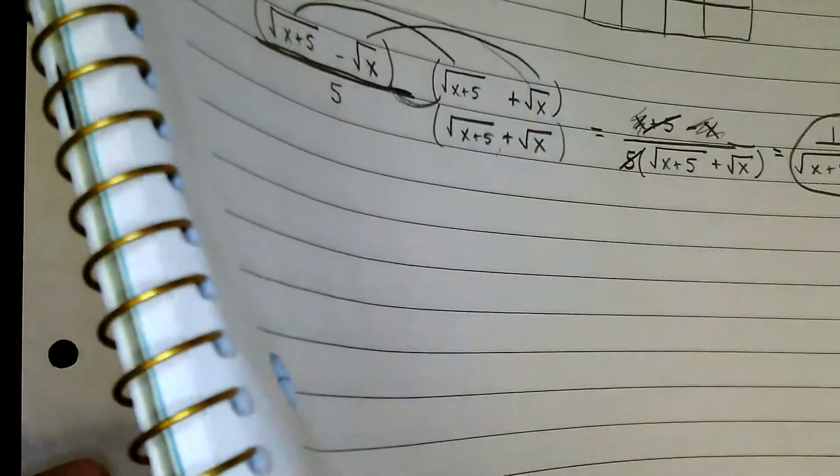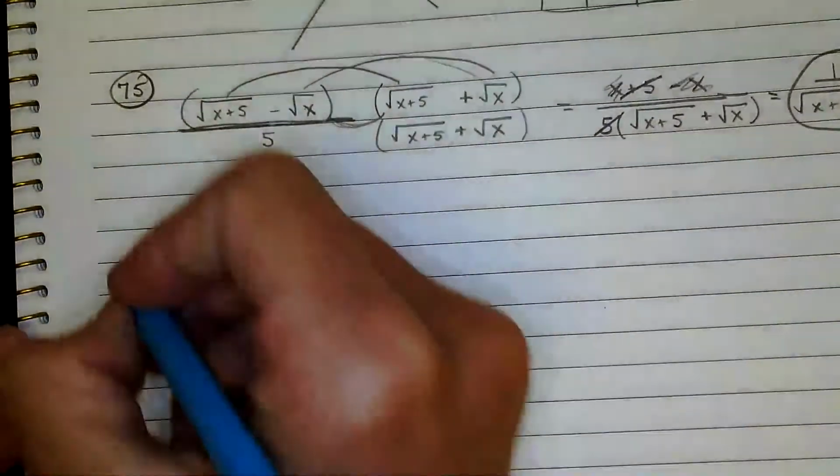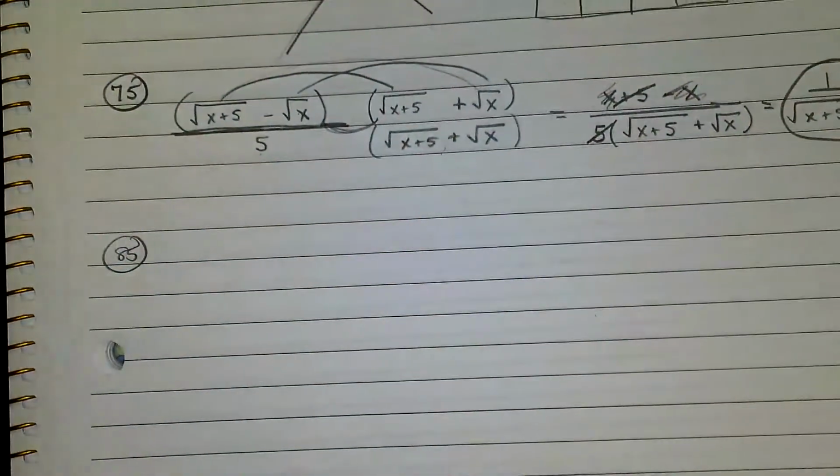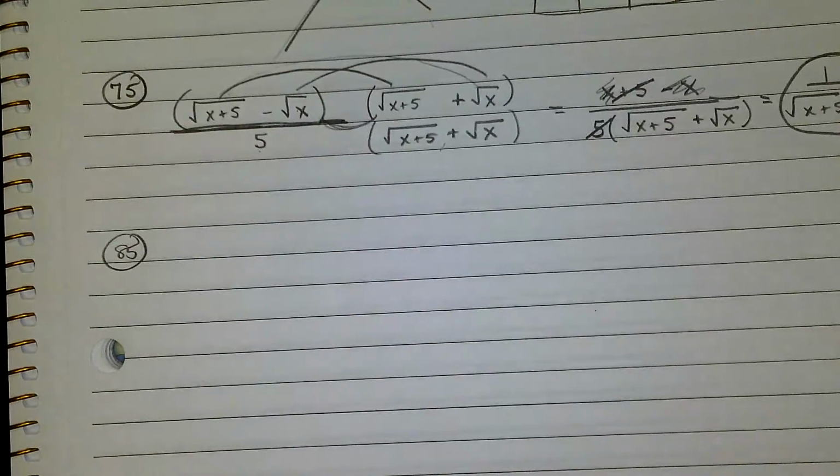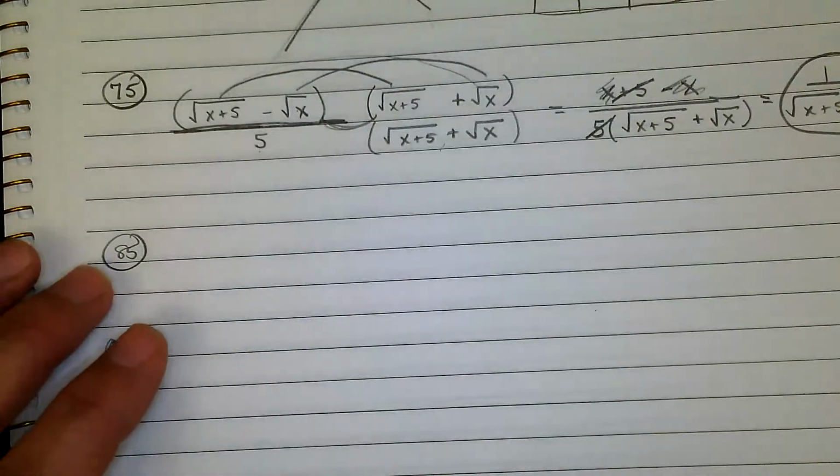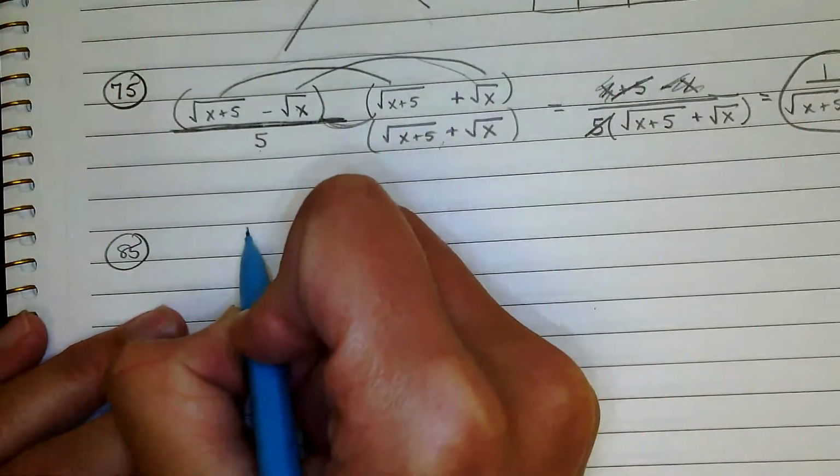And lastly, 85. Ooh, this is a hefty one. Perform the operation and simplify.